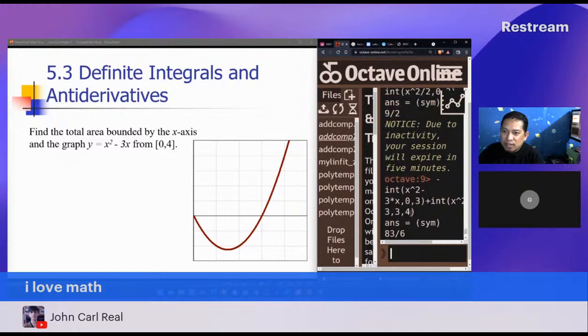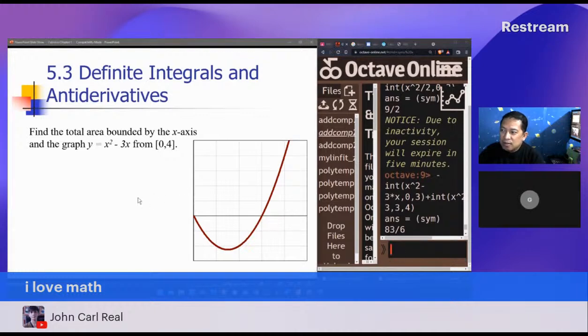So, nagsimula ka dun sa negative sign, kasi negative area yung from 0 to 3. Opo.